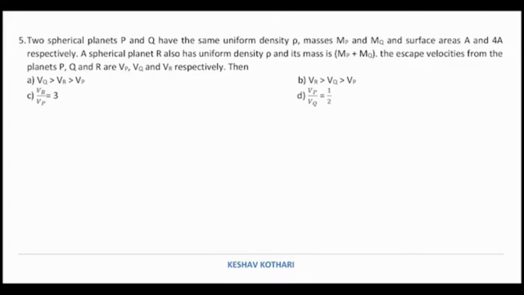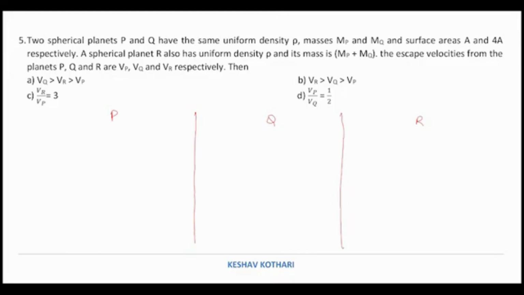So for this one, I am considering something like this. Let us say this is all about planet P. This segment will be all about planet Q, and this will be all about planet R. So we begin with a certain consideration.